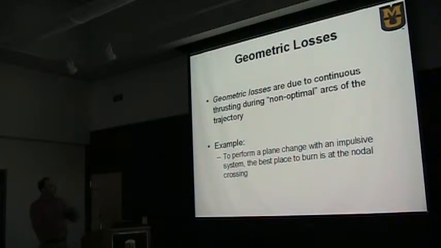As an example, if I do a plane change with an impulsive system, I have to do that at what's called a nodal crossing, where the 2 planes intersect. And that's the best place to do that. But if I'm using low thrust, I'm turning the engine on everywhere. So there are geometric points in the orbit where it doesn't make sense to fire the engine, but I just have to leave it on.